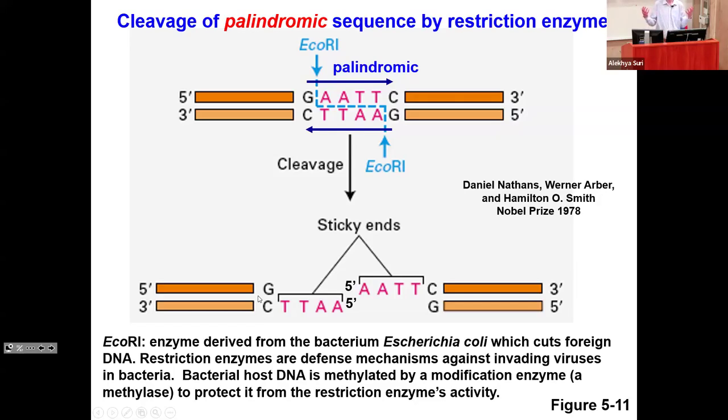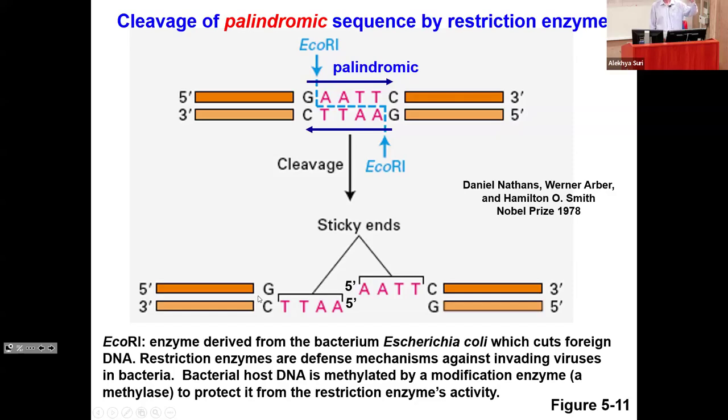So if foreign DNA comes into bacteria, for example bacteriophages, this foreign DNA will be digested. To prevent this enzyme from digesting the DNA of the bacterium itself, bacterial DNA is methylated.